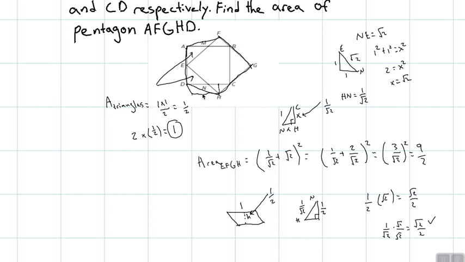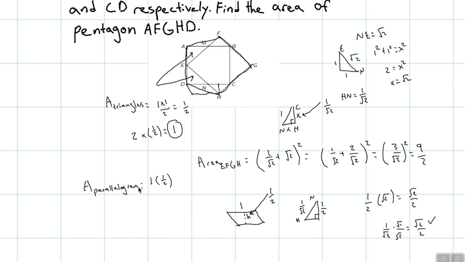And then the area of that parallelogram is base times height. Base is 1, height is 1/2. It's 1 times 1/2. But we want to find half of the parallelogram.